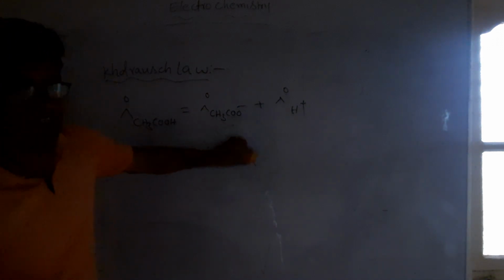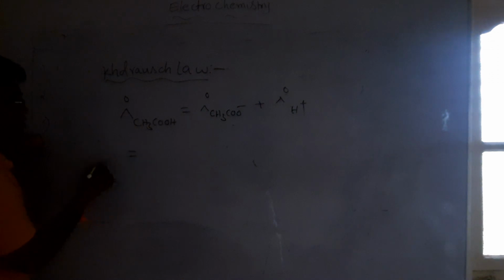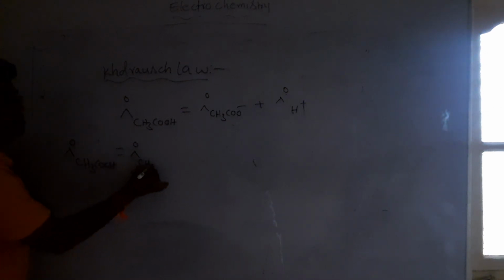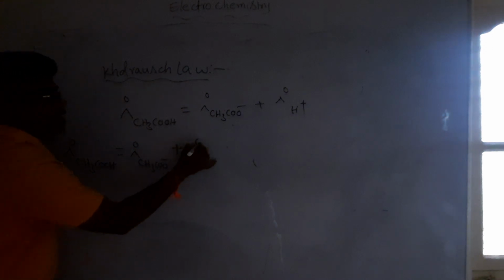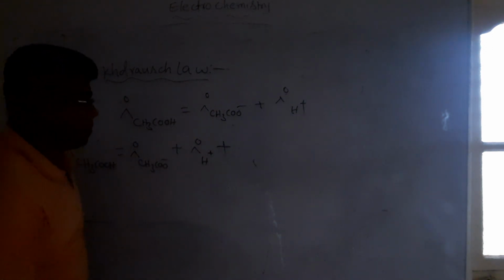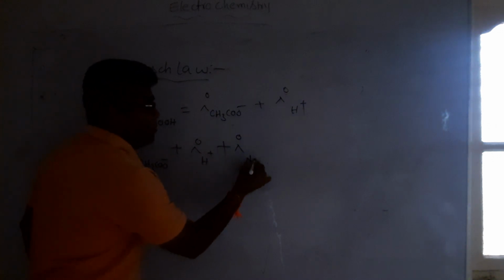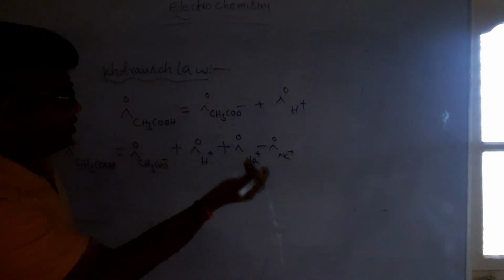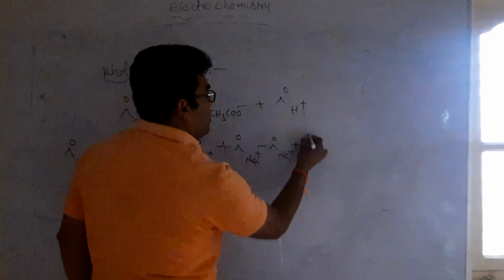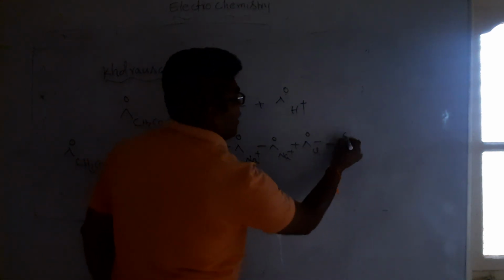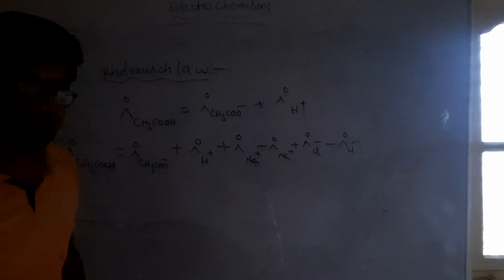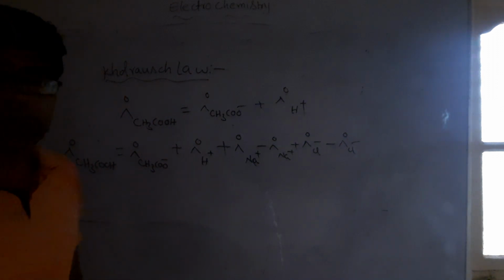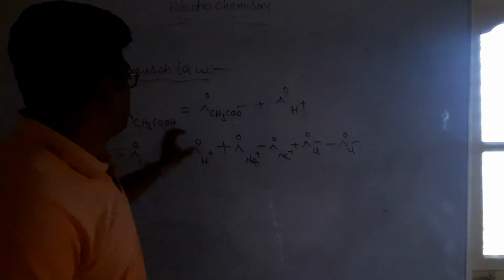I am writing the same statement like this: lambda naught CH3COOH is equal to lambda naught CH3COO minus plus lambda naught H plus, plus lambda naught Na plus minus lambda naught Na plus. I added, and again plus lambda naught Cl minus minus lambda naught Cl minus. Just one salt I added. Salt is a strong electrolyte. Keep it in mind. This is the Kohlrausch law.